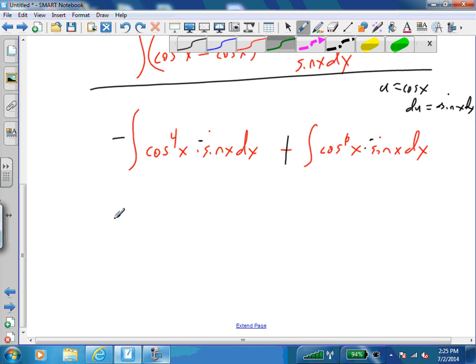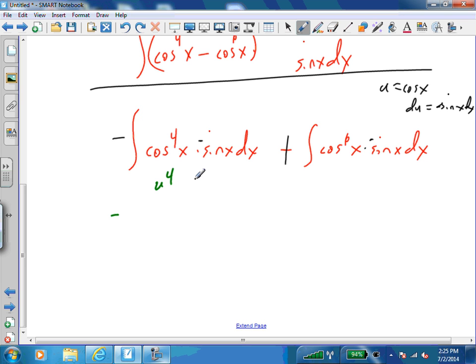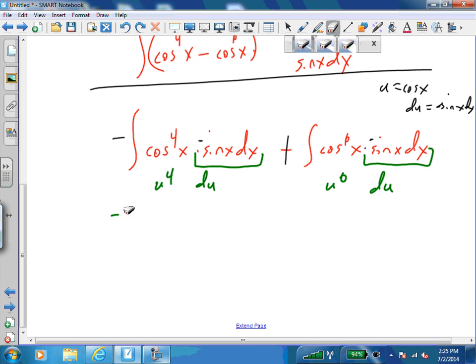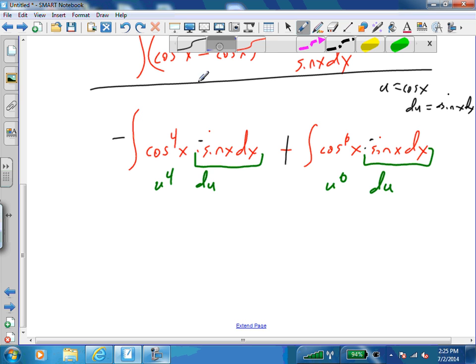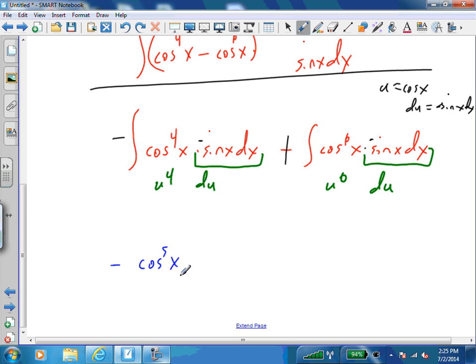So basically we have a negative, that's u to the fourth, negative sine x dx is du. Here we have u to the sixth du. So that integrates into negative u to the fifth, so cosine to the fifth, over 5.